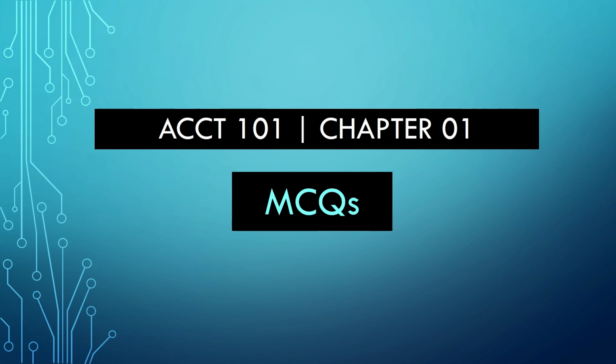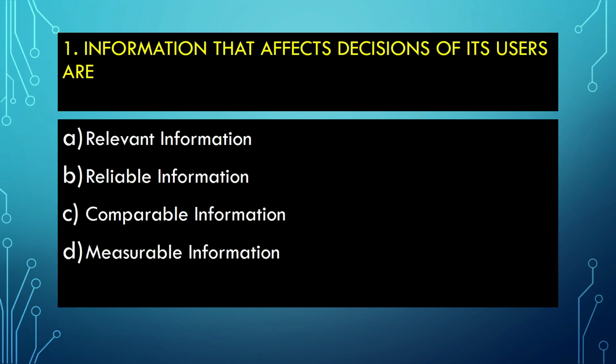So let us see what types of questions can be created in the first chapter of accounting 101. The first question is: information that affects the decisions of its users. We have seen that there are some qualities of information, so it is asking about the quality of information. The quality of information which affects the decision is relevance.